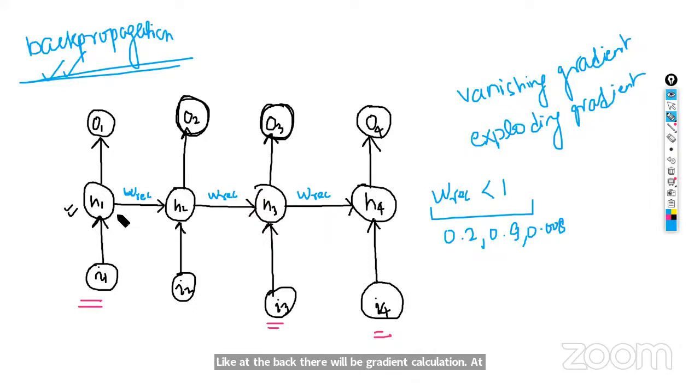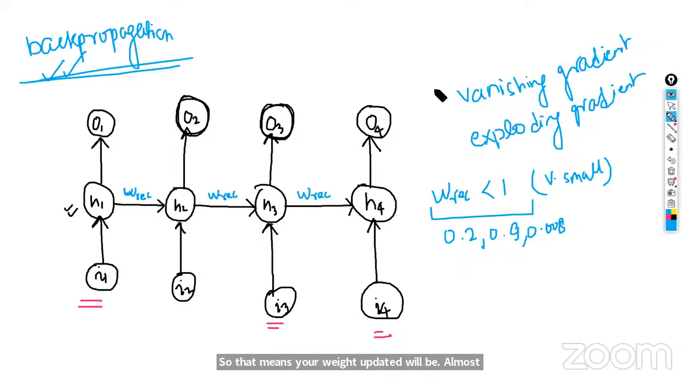And this gradient calculation will depend upon the chain rule of differentiation. So if this recurring weight value is less than 1 or very small, and you multiply these gradient values which are less than 1, ultimately you will land on a value very close to 0. That means your weight updation will be almost negligible.